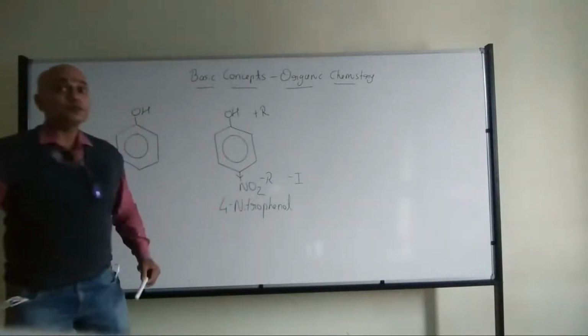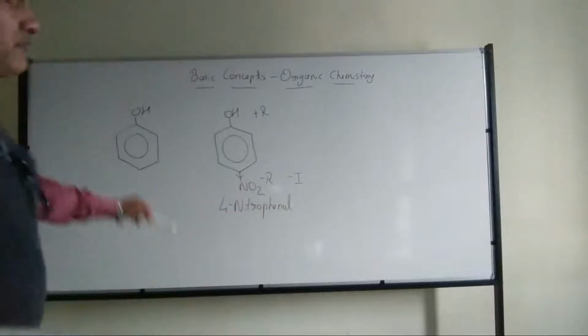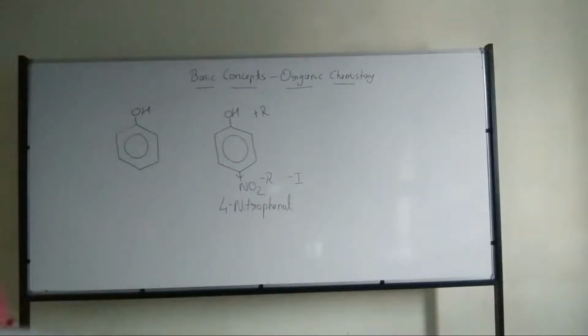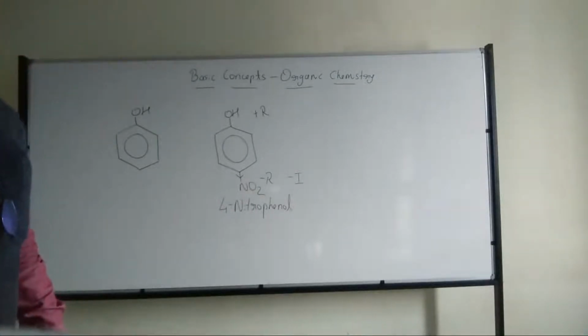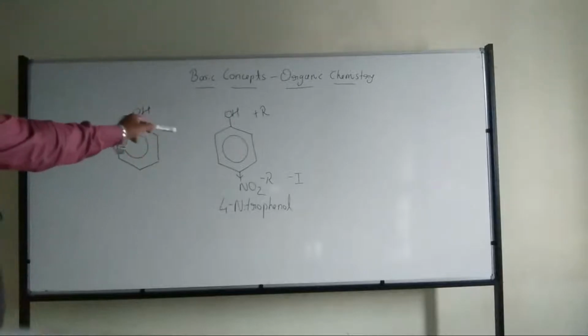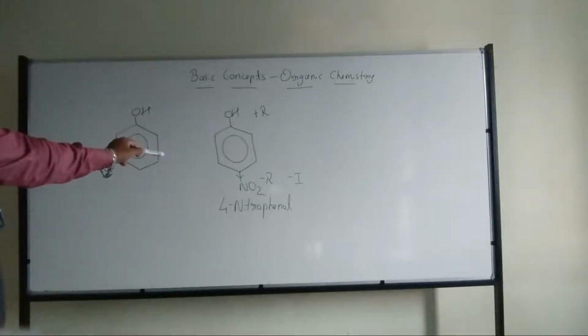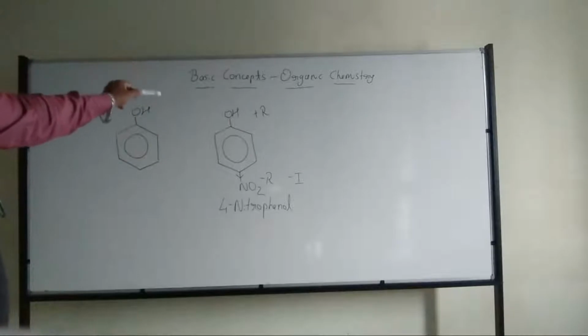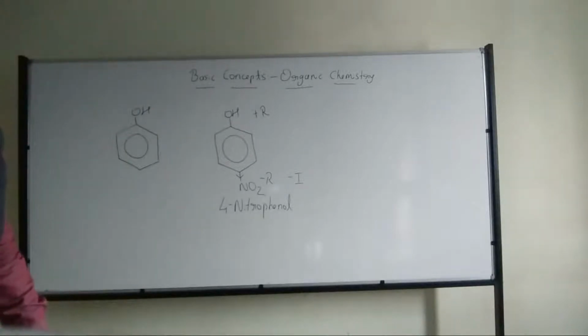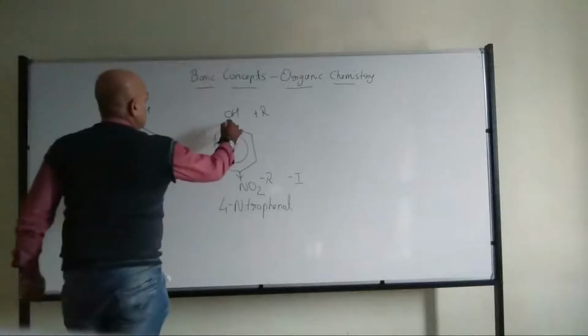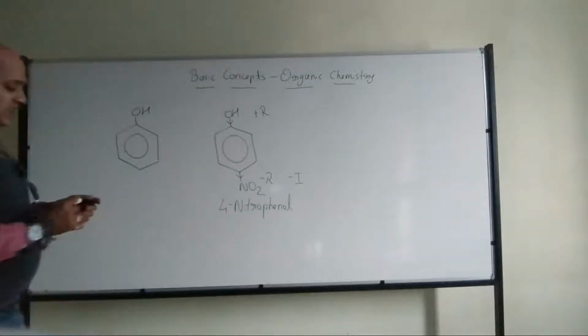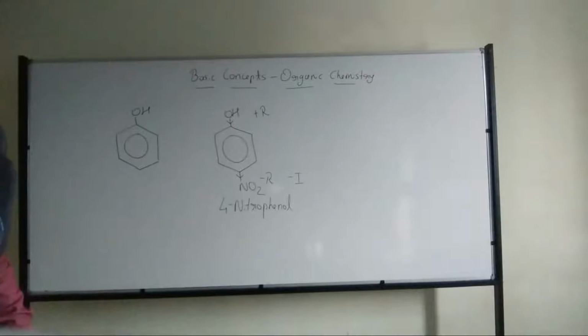Due to this reason, which one will be a stronger acid, phenol or 4-nitrophenol? NO2 as a substituent will show negative inductive and negative resonance effect, while OH as a substituent will show positive resonance effect because electrons will be moving towards the ring. Which will be the stronger acid, 4-nitrophenol or phenol?